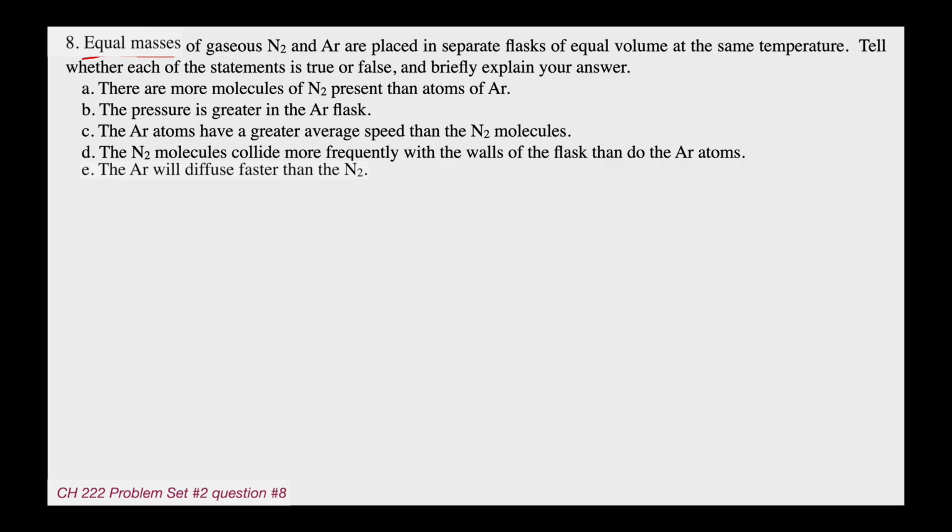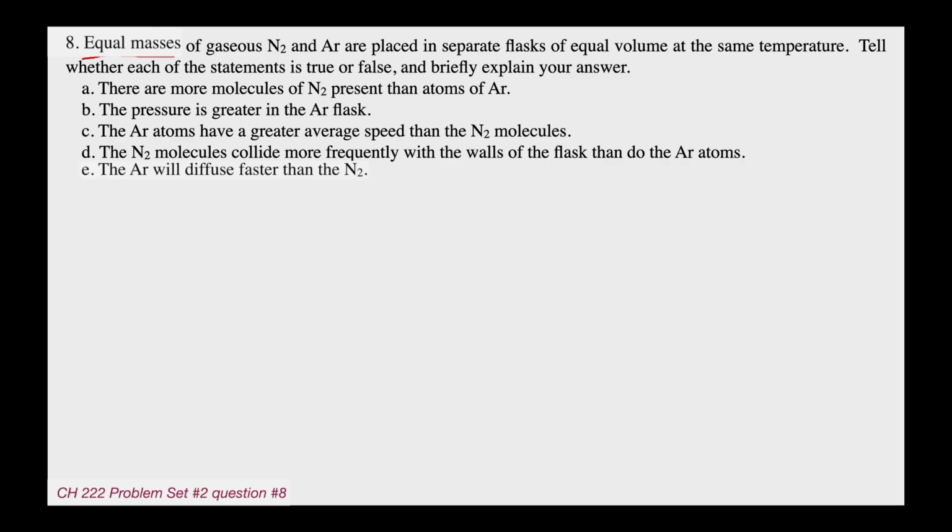So what you can do on a problem like this is just pick a number. It can be any number you want, but whatever number you pick, it's going to be the same number of grams for N2 and the same number of grams for argon. So let me pick a number somewhat at random. Not really, but anyway. Let's pick 28 grams.